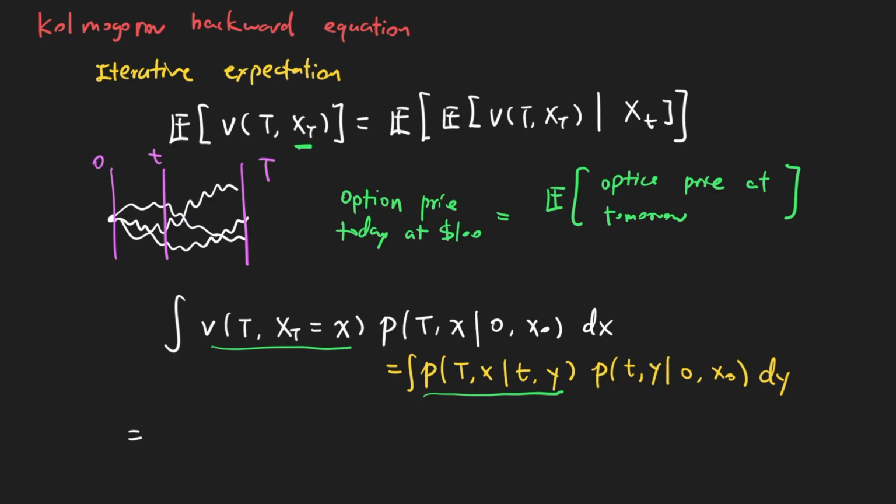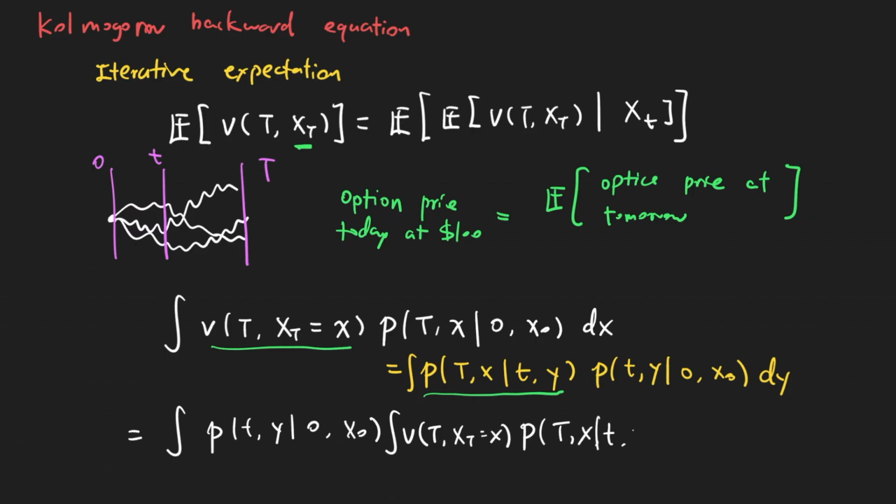So let me write that as the probability of t, y given 0, x0, and then we have another integral of v times the probability of t, x. Then we first integrate over dx, then integrate over dy.